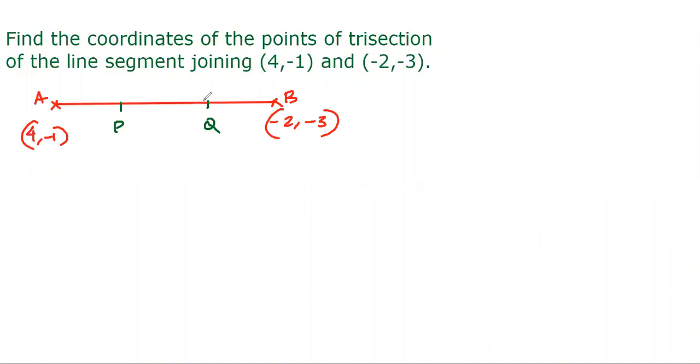You should remember that these are three equal parts, or we can say AP, PQ and QB are of the same length. So if this is 5 centimeters, this will also be 5, and this will also be 5. So in general, the ratio of division will be 1 is to 1 is to 1 because these are of the same lengths.